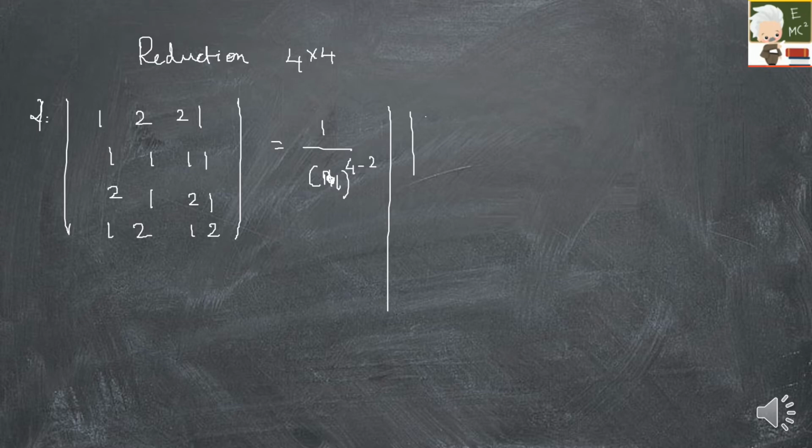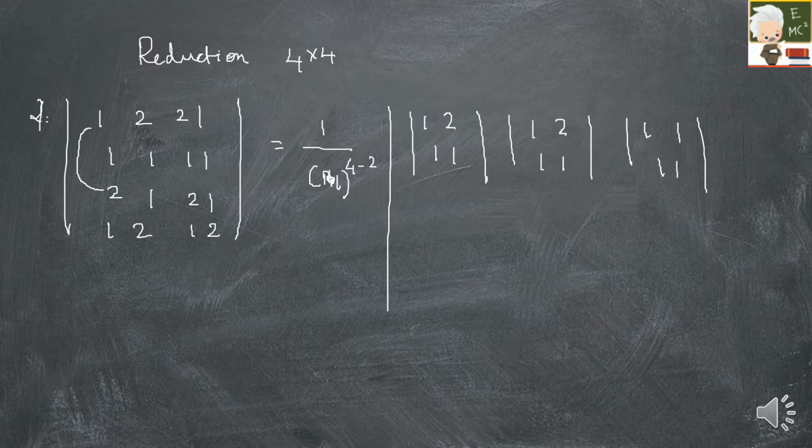So it will be 1, 2, 1, 1, and the next 1, 2, 1, 1, and then 1, 1, 1, 1. Now we have to write for the first and third rows. That would be 1, 2, 2, 1, and then 1, 2, 2, 2, and then 1, 1, 2, 1.